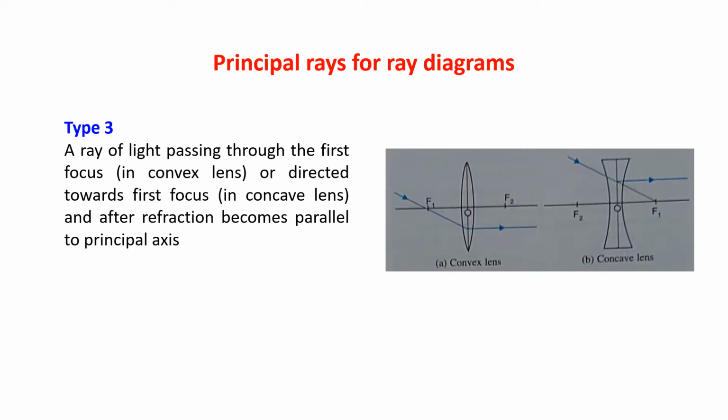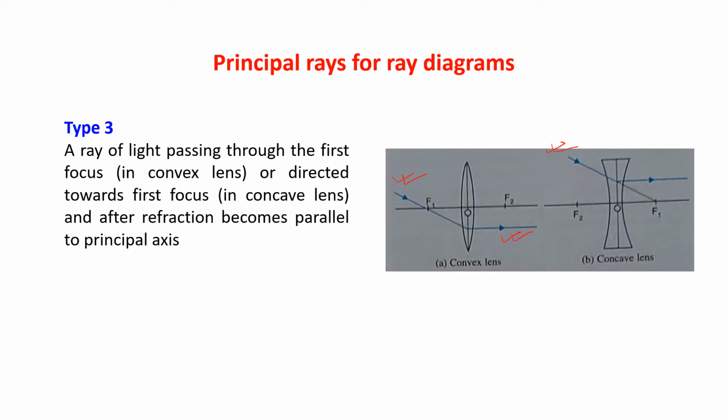Third type of ray: a ray of light passing through the first focus. This is incident through the first focus, or directed towards the first focus in a concave lens, like this. It is this ray, directed. Now, after refraction it becomes parallel to the principal axis.